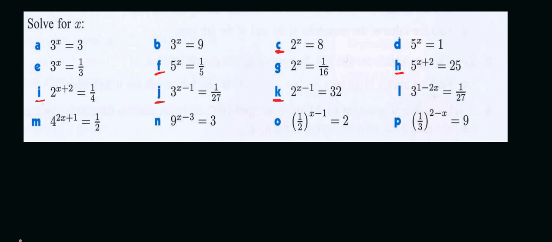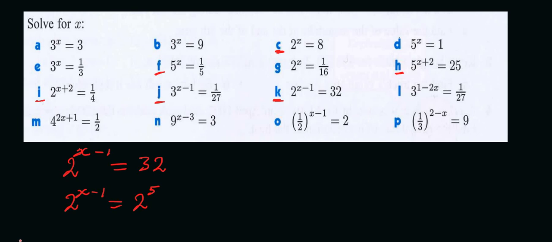So over here we have 2 exponent x minus 1 is equal to 32. So now this will become 2 exponent x minus 1 is equal to, the base is 2, so 2 to what exponent will give us 32? That is 2 exponent 5.